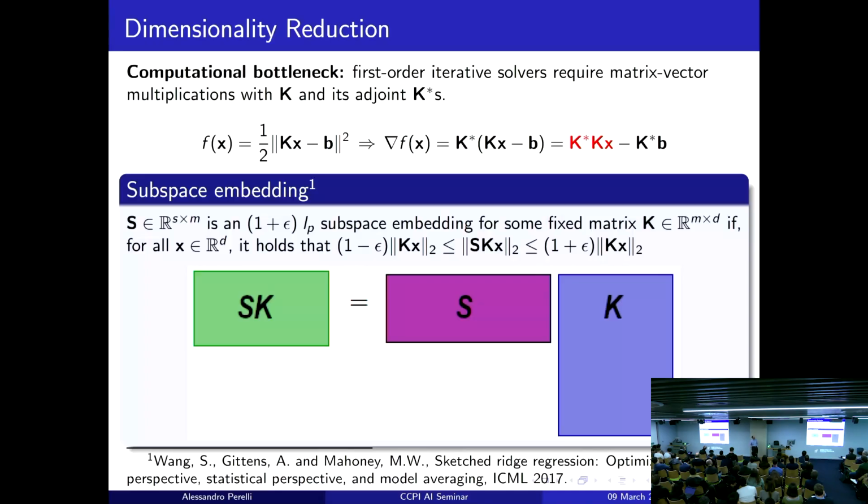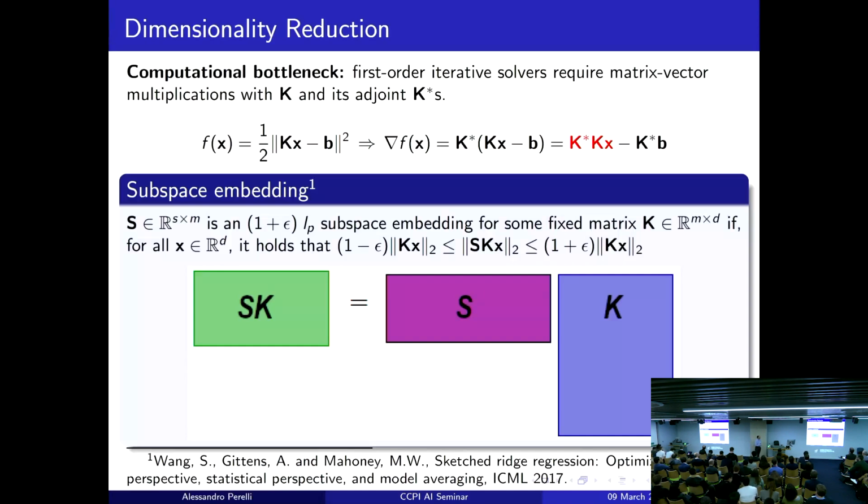Now, there has been a lot of research on subspace embedding, so how to design matrices S which operate in the measurement domain, such that we have an embedding that preserves the distance between the sketched version and the original one in the measurement domain within a radius of epsilon.